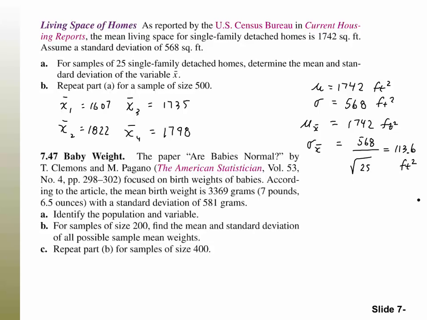And so that's a smaller standard deviation of the sample means. And the bigger your samples, the more that those sample means will be close to the actual mean. So smaller standard deviation. So this describes the sampling distribution for samples of size 25.